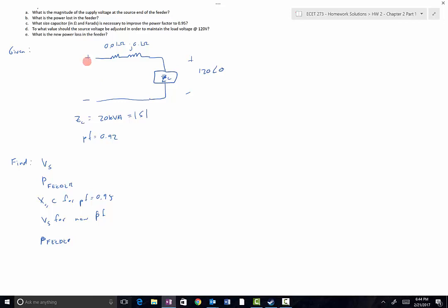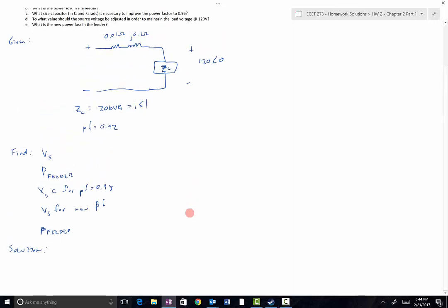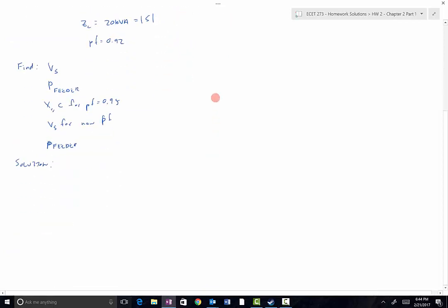So if we want to first determine the original voltage input to the feeder, the solution is that Vs here is going to be equal to the drop across this plus 120 angle 0. Vs equals V line plus V load. It's just a KVL. V line here is going to be equal to I line times Z line.